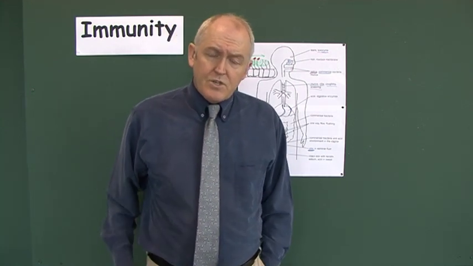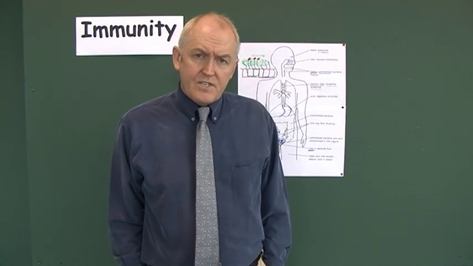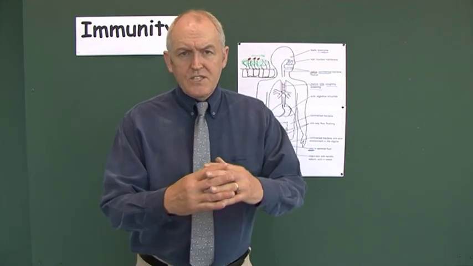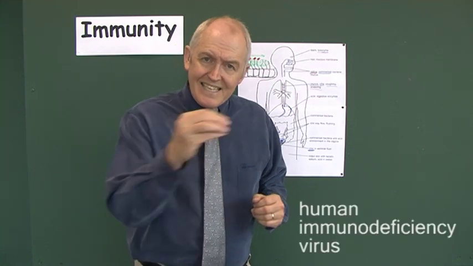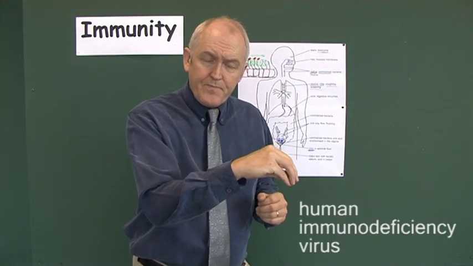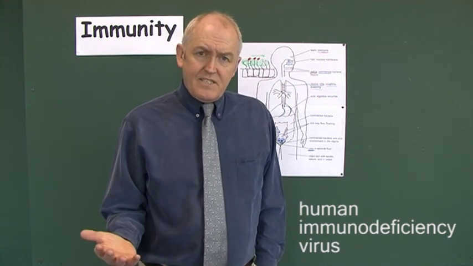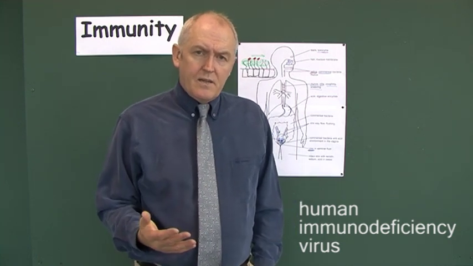So for example, if someone's got pre-existing sexually transmitted disease, that can disrupt the genital mucosa, and that provides an open door, and then if they're then exposed to HIV, that's very easy for that to get in. So bacterial sexually transmitted diseases can disrupt the genital mucosa, making HIV infection much more likely.